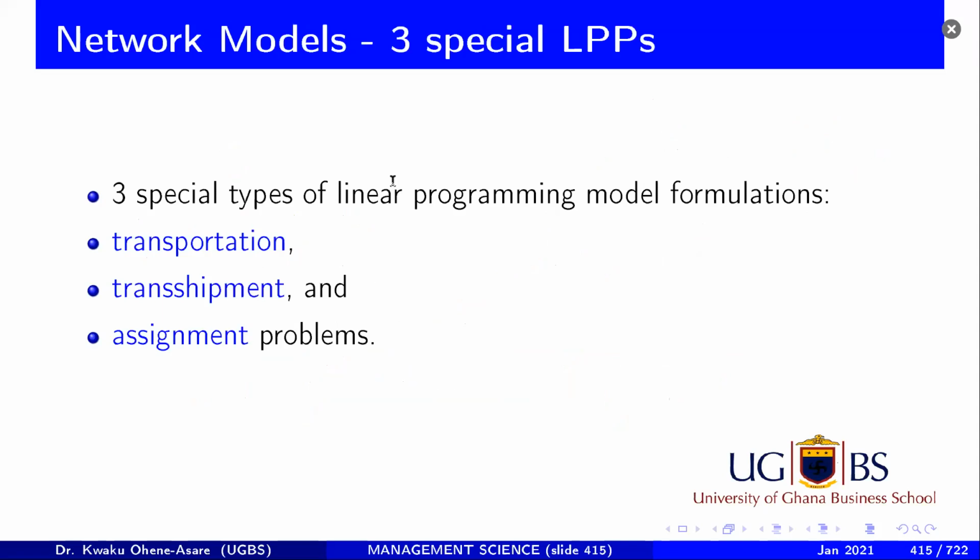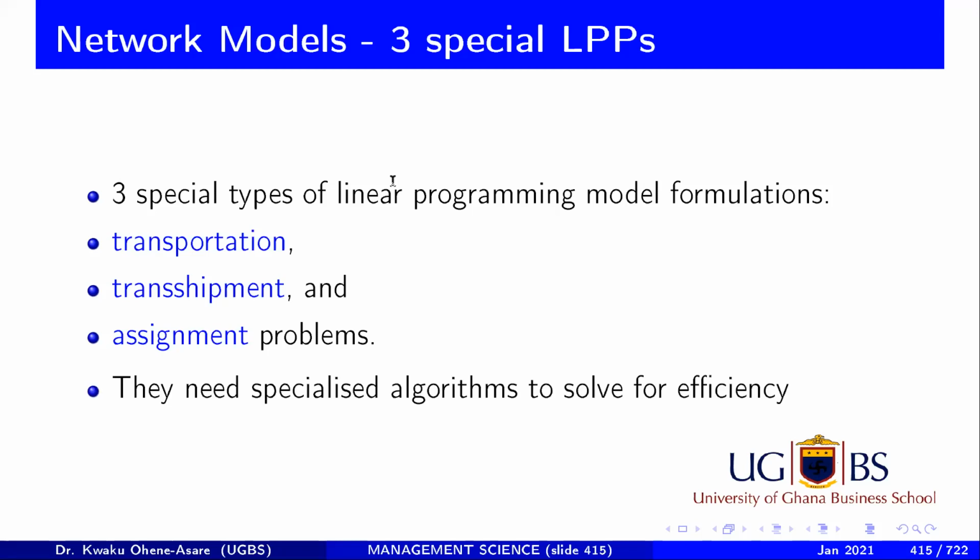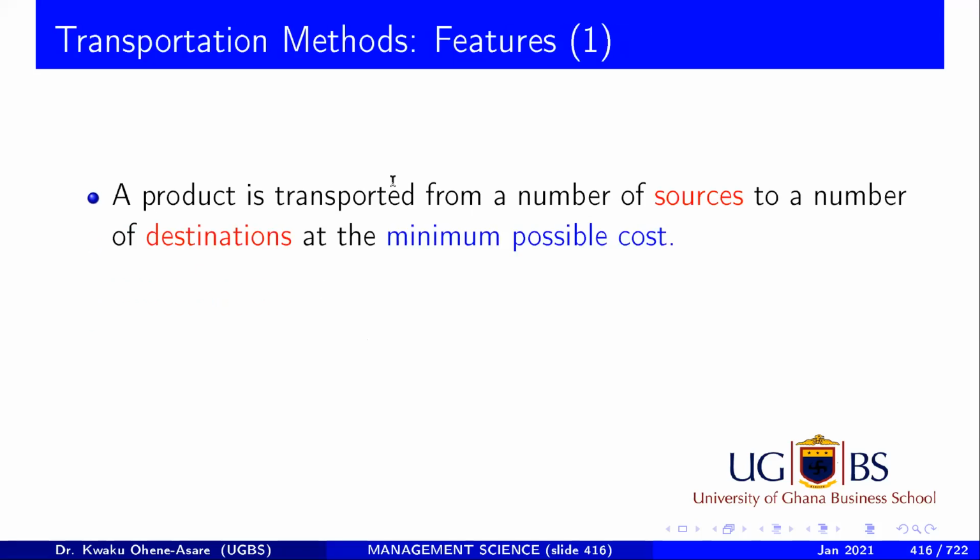We are now going to look at the 3 special types of linear programming which adopt the principle of network flow models: transportation, transshipment, and assignment. I'm going to first walk you through the transportation, and then we shall extend it to the transshipment and then look at assignment. They need specialized algorithms and procedures to solve them efficiently.